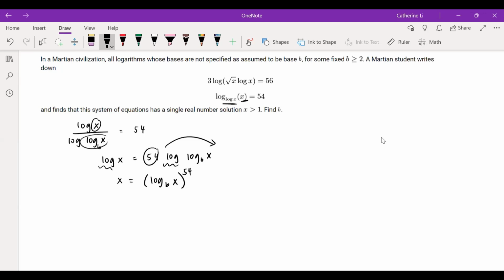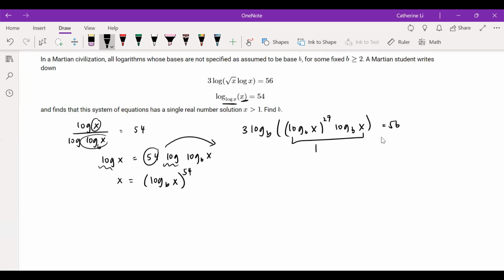Now from the first equation, we have 3 log base b of square root of x, which is log base b of x to the 27th, times log base b of x equals 56.